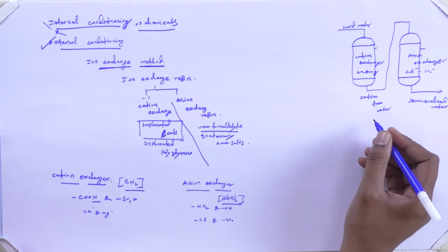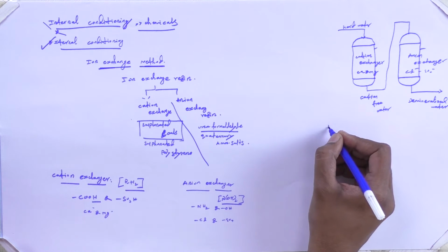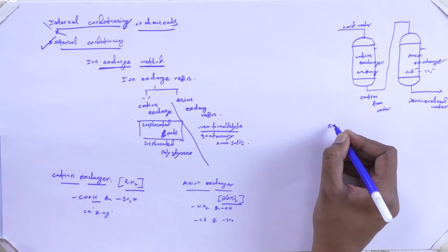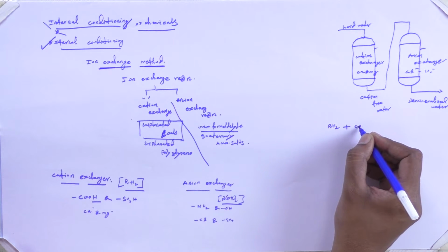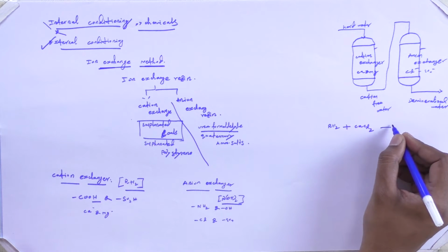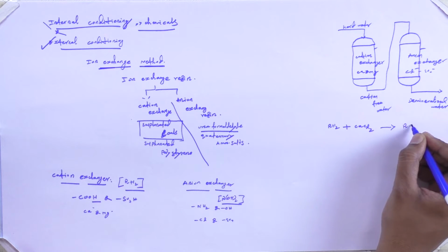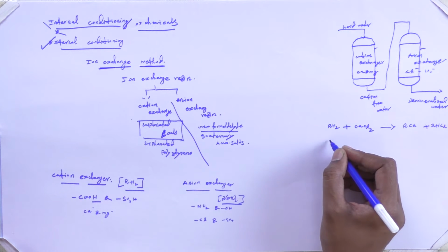The cation exchange equation: RH2 is the cation exchange resin. It reacts with calcium chloride present in water, removes the calcium, and gives RCa plus 2HCl.